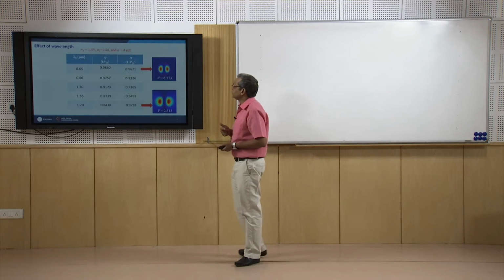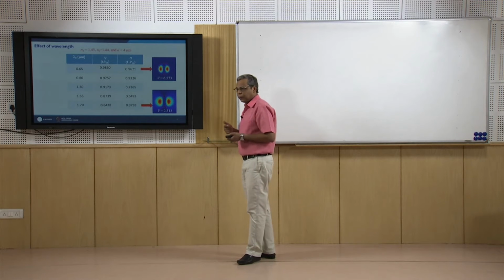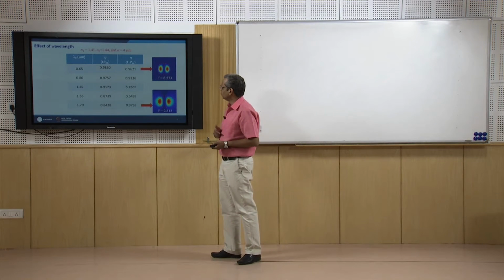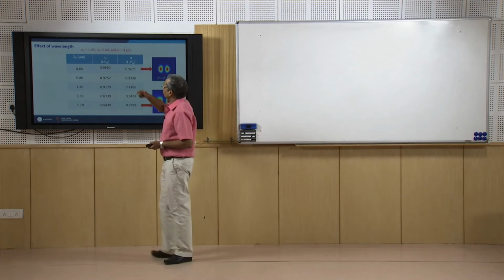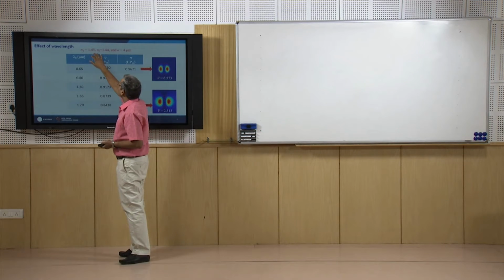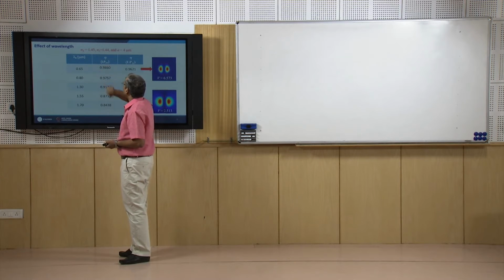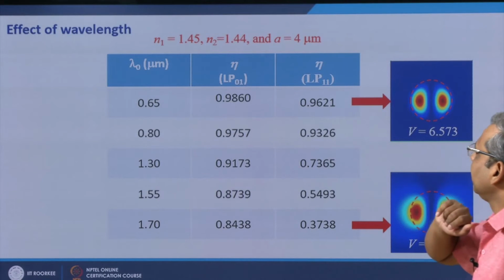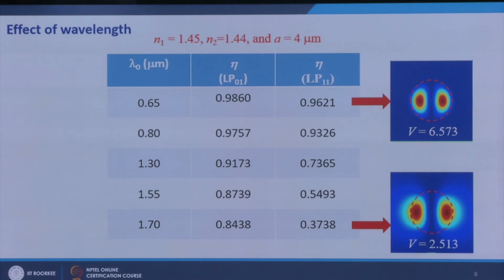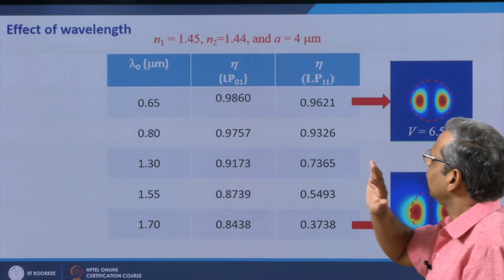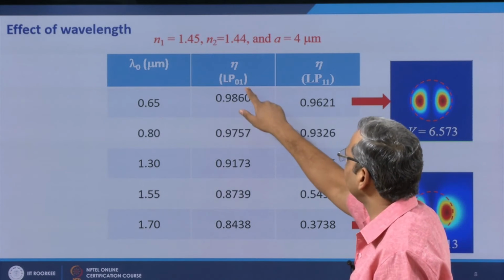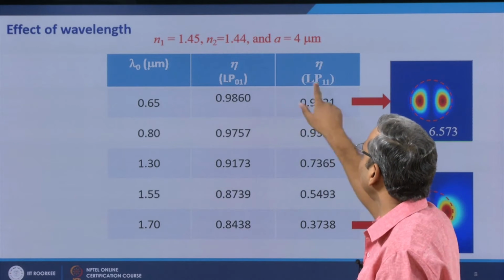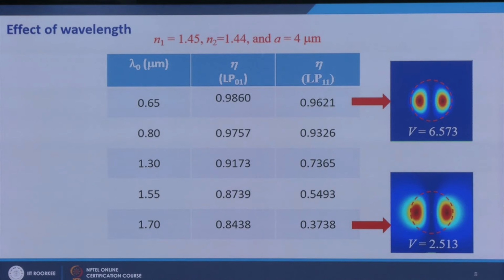If I look at how the power at different wavelengths is distributed between the core and the cladding, for that I consider a fiber with N1 equal to 1.45, N2 equal to 1.44 and a equal to 4 micrometer, and here I have tabulated the fractional power in the core for LP01, which is the fundamental mode, and LP11, which is the first higher order mode.